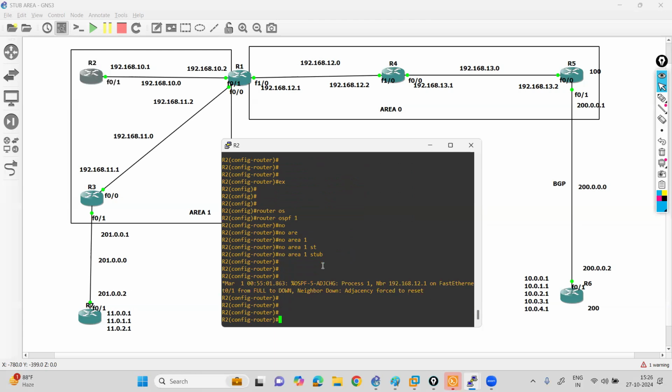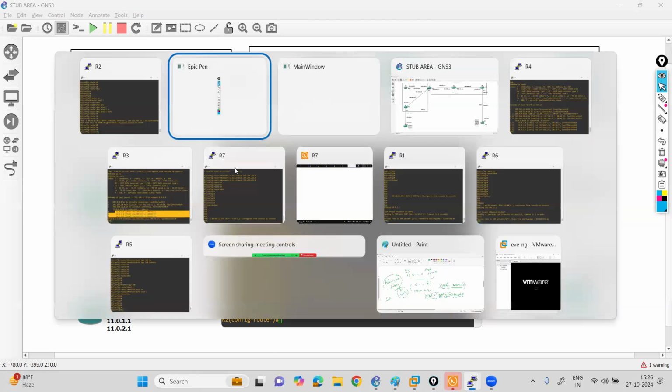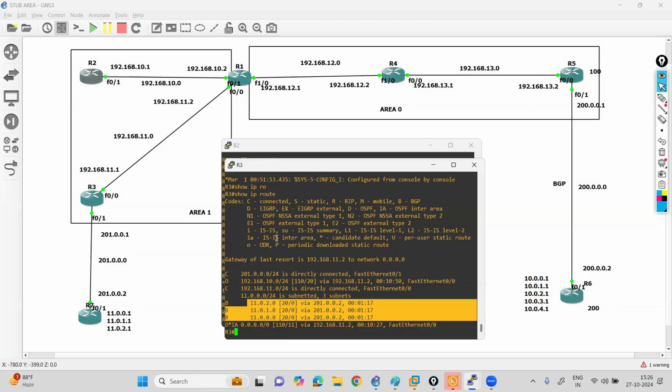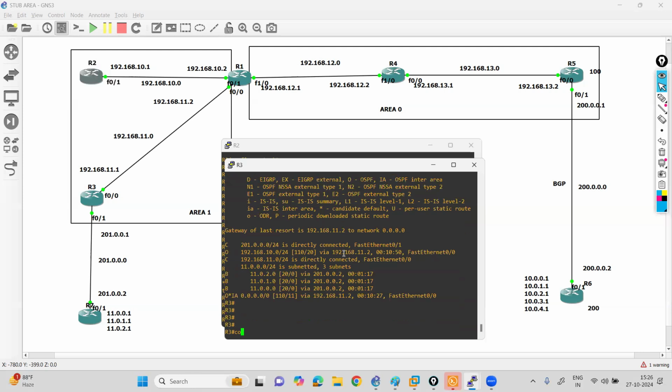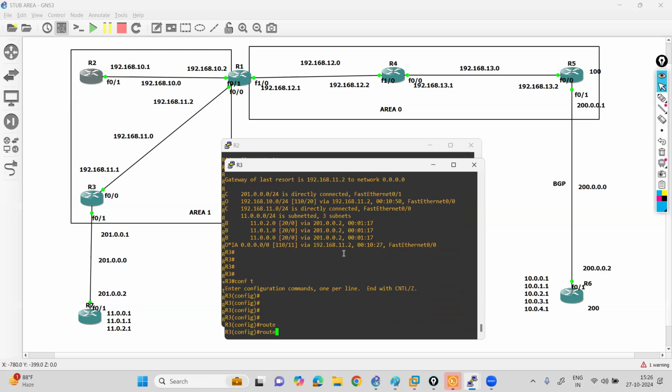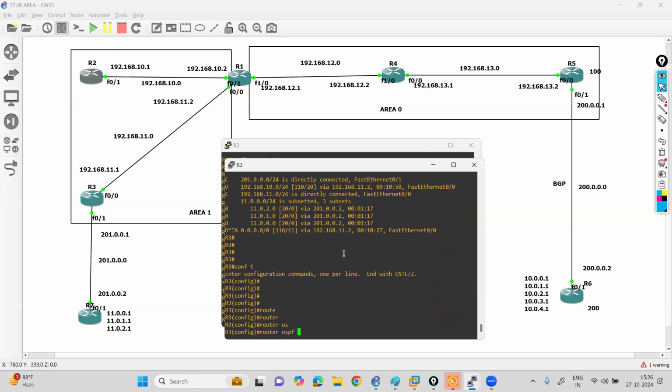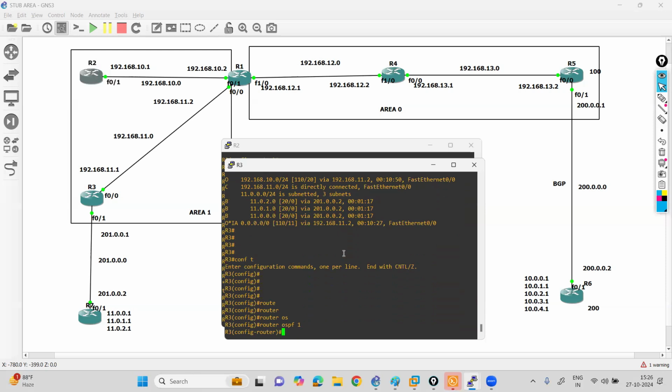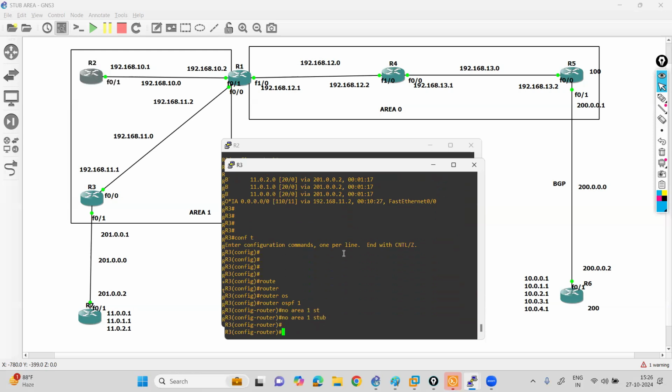It will force a reset of the neighborship. Let me delete on R3 as well. Configure terminal. Router OSPF 1. Then the command will be no area 1 stub.